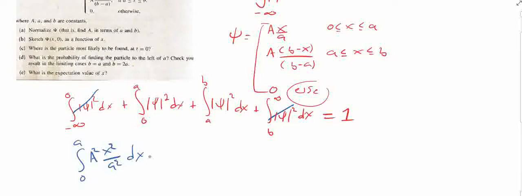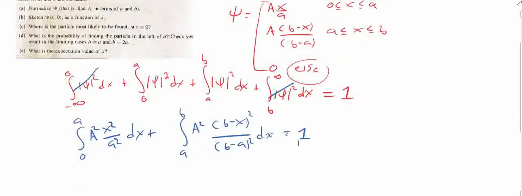And then between a and b, our psi is just going to be this middle function. So we'll write the integral from a to b of a squared times (b minus x) squared divided by (b minus lowercase a) squared dx. And we know this all has to equal 1.